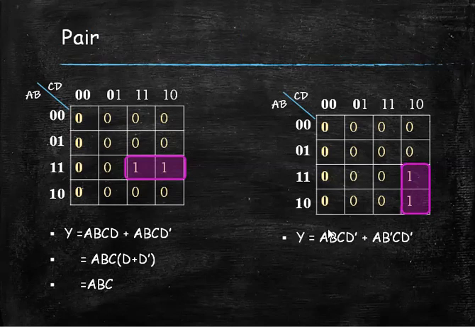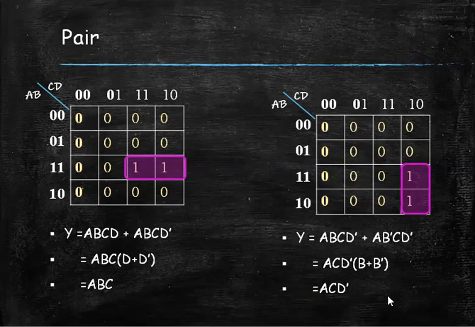Here B is changed to B bar, B is complemented, so we can avoid B. Then one variable is reduced and the result is A C D bar. We can prove it by Boolean algebra: we take A C D bar outside, then B or B bar is equal to 1, and we get the result A C D bar.